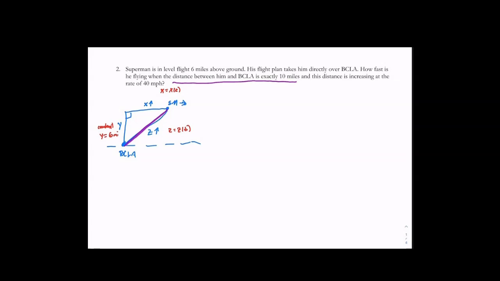And when it says it is increasing by 40 miles per hour, what are they telling you? The dx dt? No. They just said the distance, and we just confirmed that the distance is Z. So the dz dt? dz dt, correct.